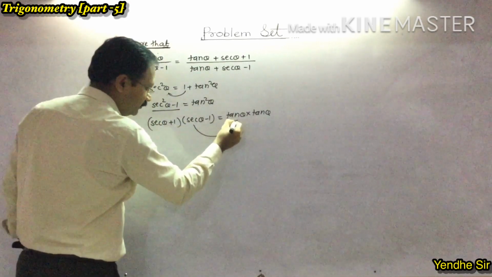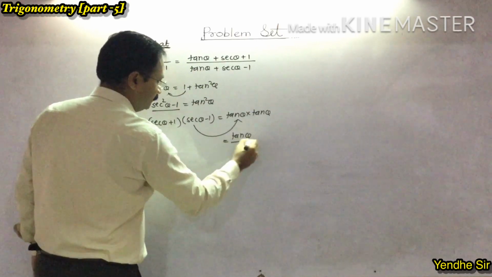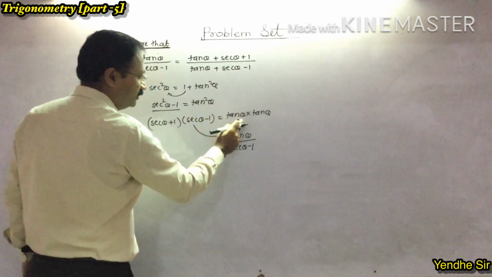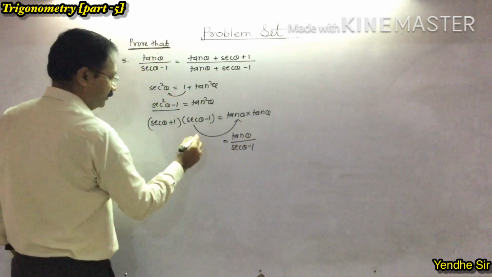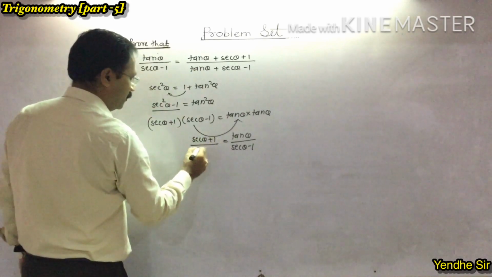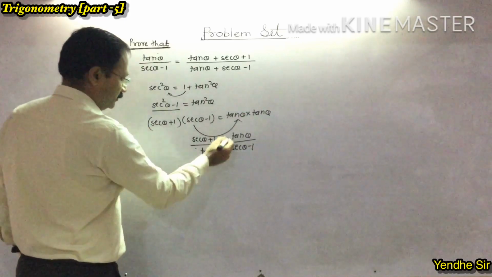So it goes on this side, and here you will get tan theta upon sec theta minus 1. If it comes on this side, it will go on this side, so here you write sec theta plus 1 upon tan theta. So can I rearrange it? Yes.